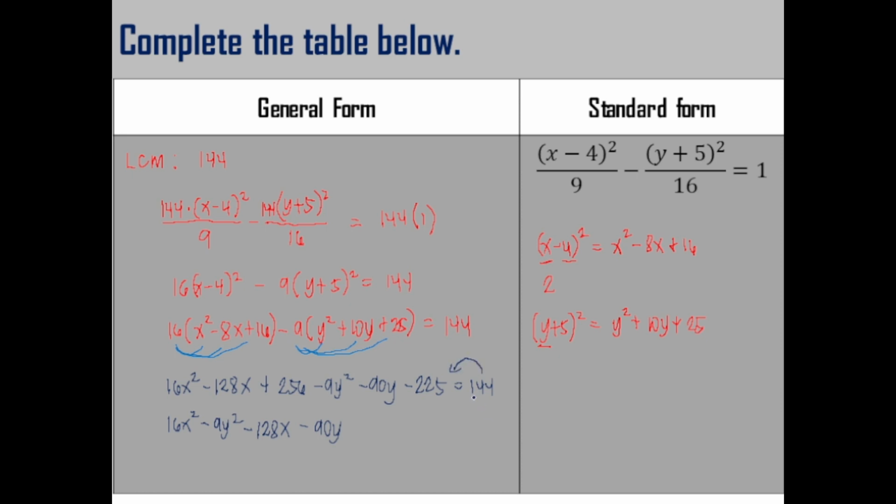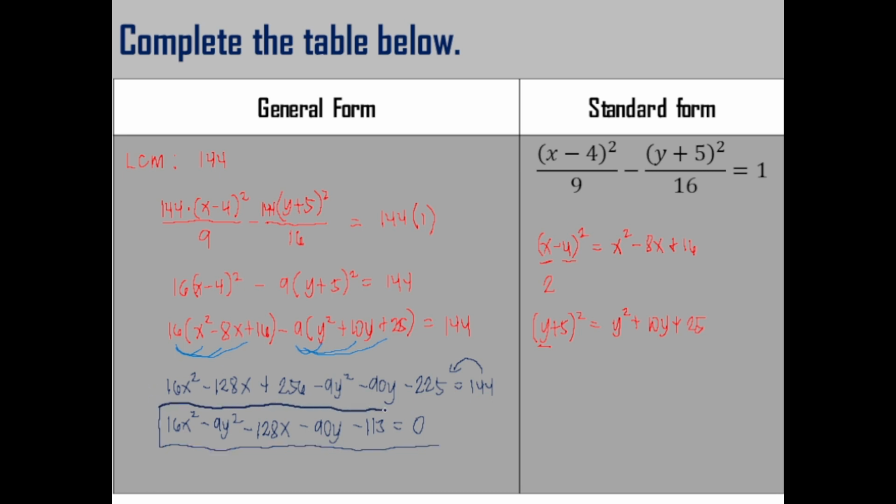So ito yung magiging negative 144. Okay. 256 minus 225 minus 144, ang sagot po dun ay negative 113. Kaya, yung ating general form ng ating problem ay ito.